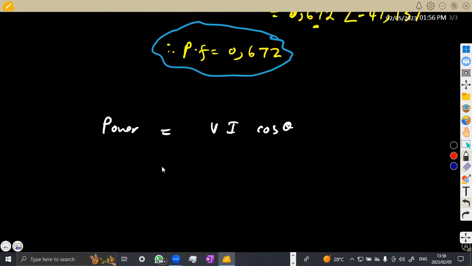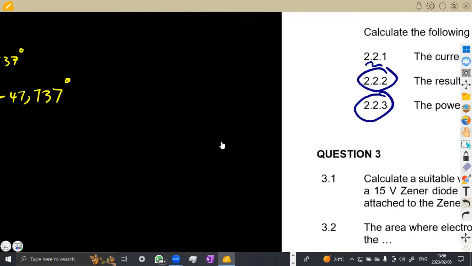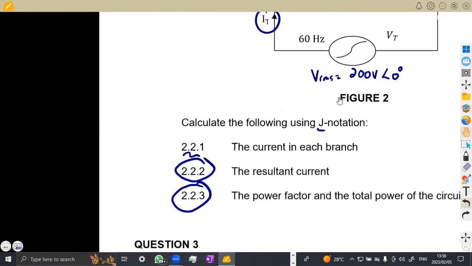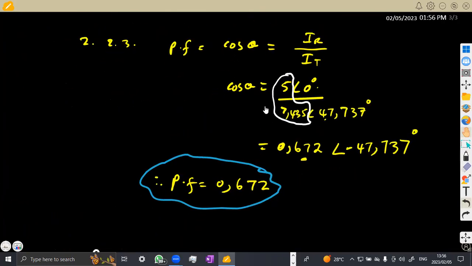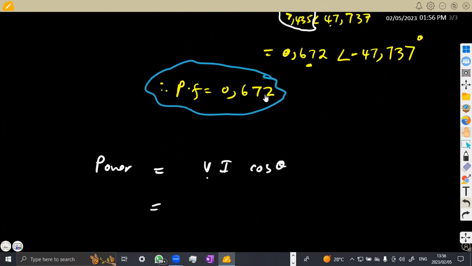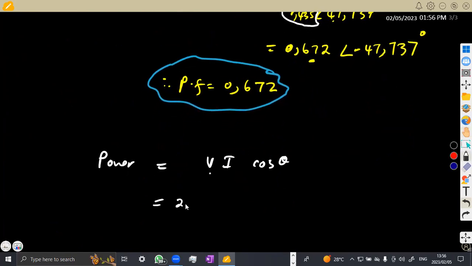So this is what is going to happen. We've got the voltage supply. From our circuit diagram, our voltage supply was 200 angle of 0. So that's 200 angle of 0 times the current, which is the total current.